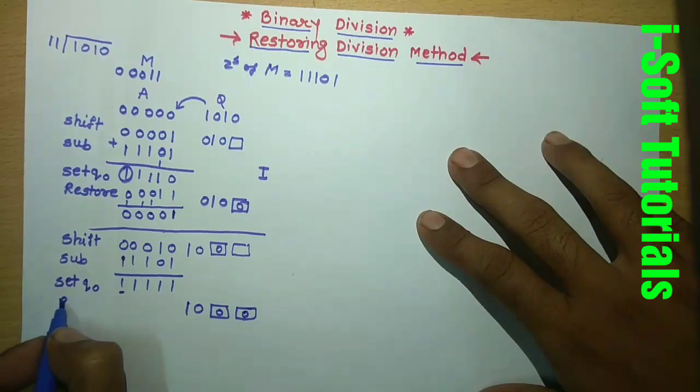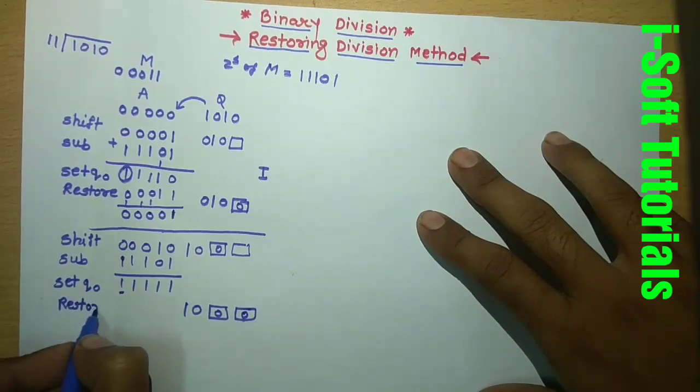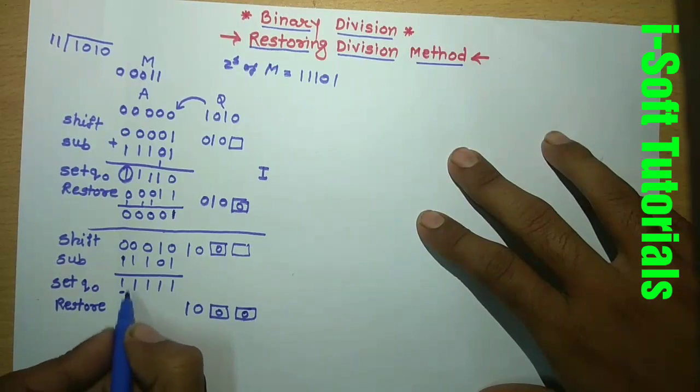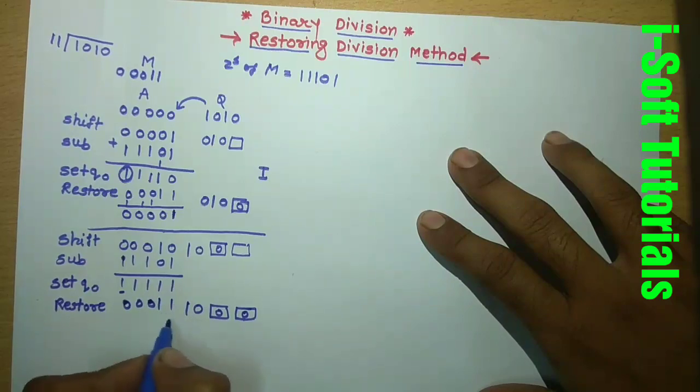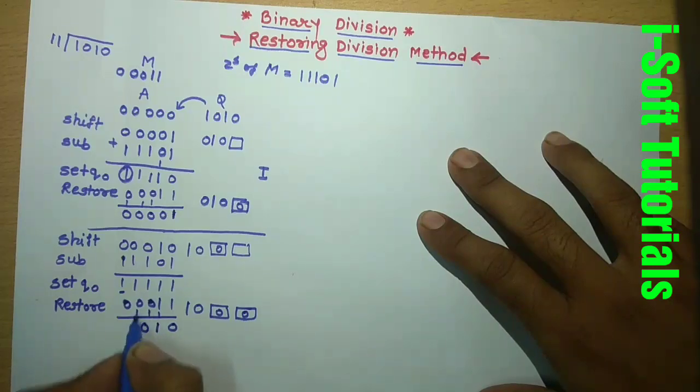Then restore A. You can take a snapshot of that algorithm and again recheck it. So restore A will be performed as A minus M plus M, sorry, A plus M. So 0 0 1 1. So 1 plus 1, 0 carry 1, 1 carry 1, 0 carry 1, 0 carry 1, 0.